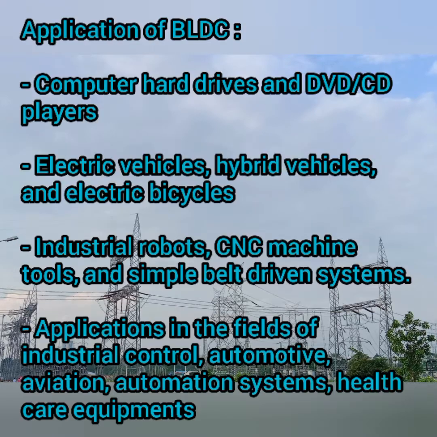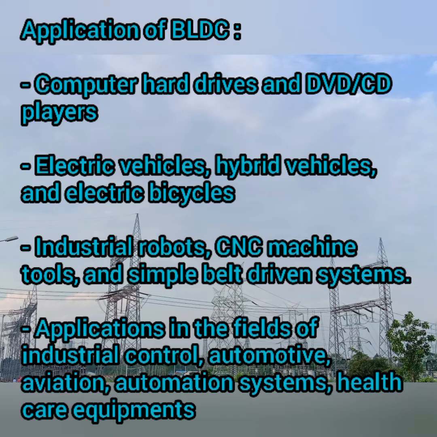Then applications: it is mostly used in computer peripherals, which means hard drives and DVD and CD players. Then electric vehicles, hybrid vehicles and electric bicycles. Then used in robots, CNC machine tools, and also for belt drive systems, like conveyor belt drives, which are normally used in power plant stations.